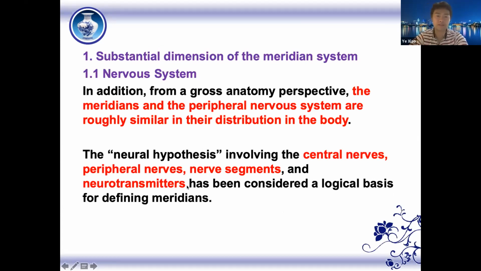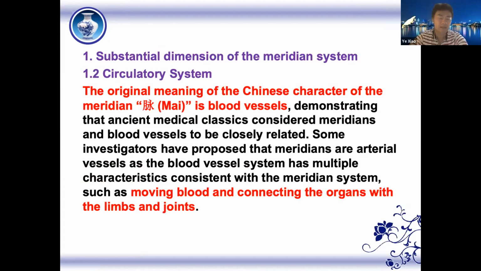In addition, from a gross anatomy perspective, the meridians and peripheral nervous system are roughly similar in their distribution in the body. The neural hypothesis involving the central nervous system, peripheral nerves, nerve segments, and neurotransmitters has been considered a logical basis for defining meridians.